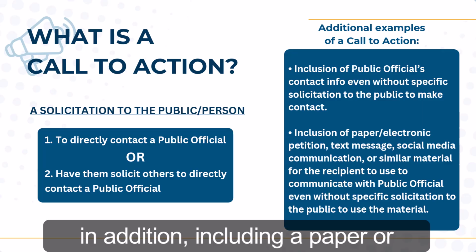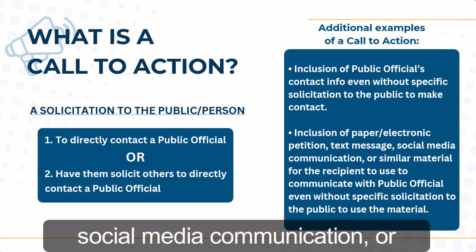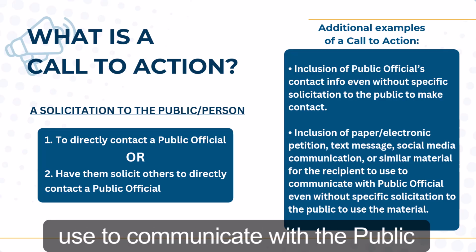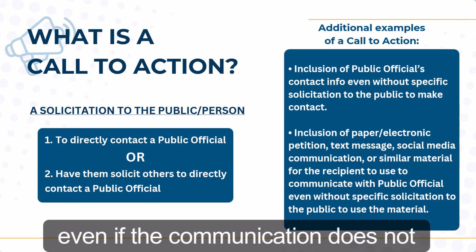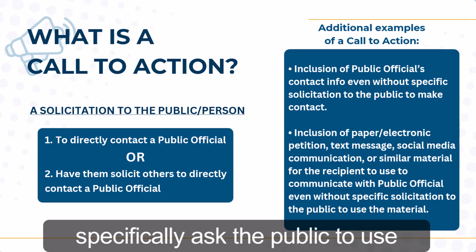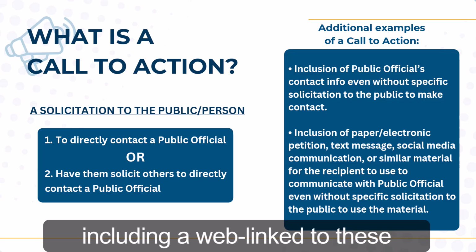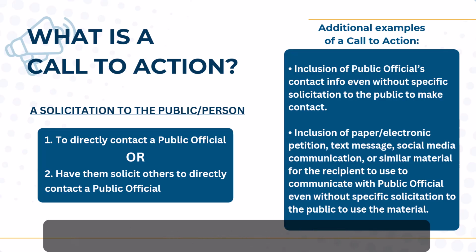In addition, including a paper or electronic petition, text message, social media communication, or similar material for the recipient to use to communicate with a public official counts as a call to action, even if the communication does not specifically ask the public to use such material. Including a web link to these materials also counts as a call to action.